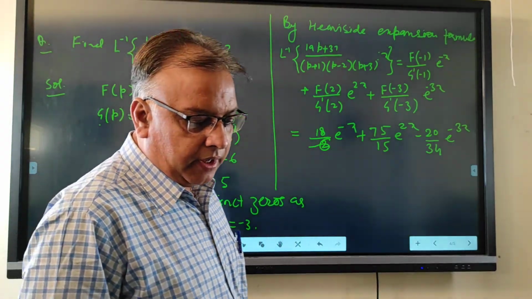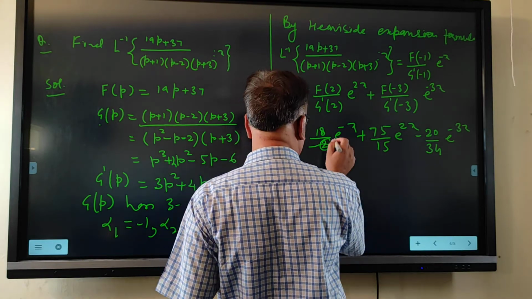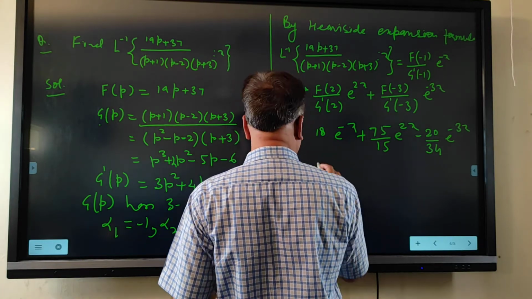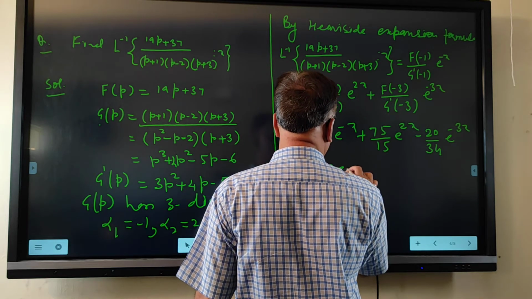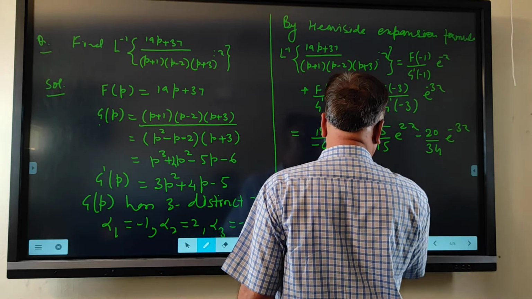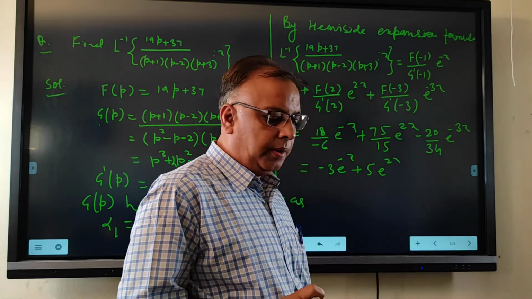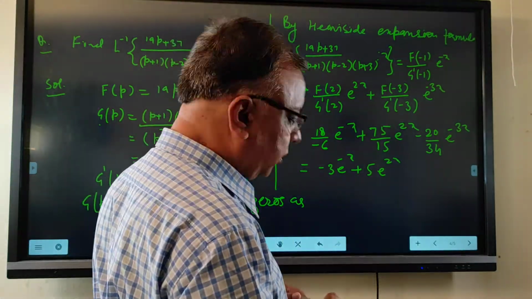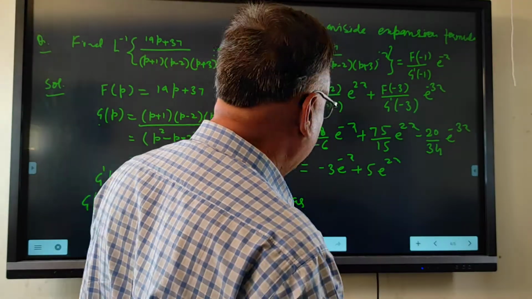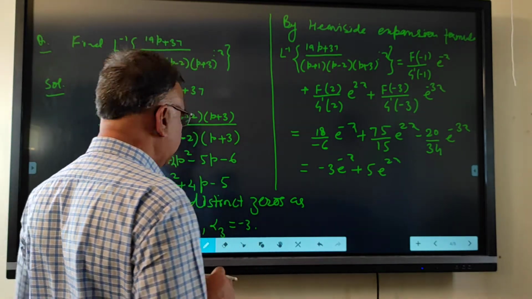So we get the required result as minus 3 e raised to minus x plus 5 e raised to 2x minus 20 upon G dash minus 3.